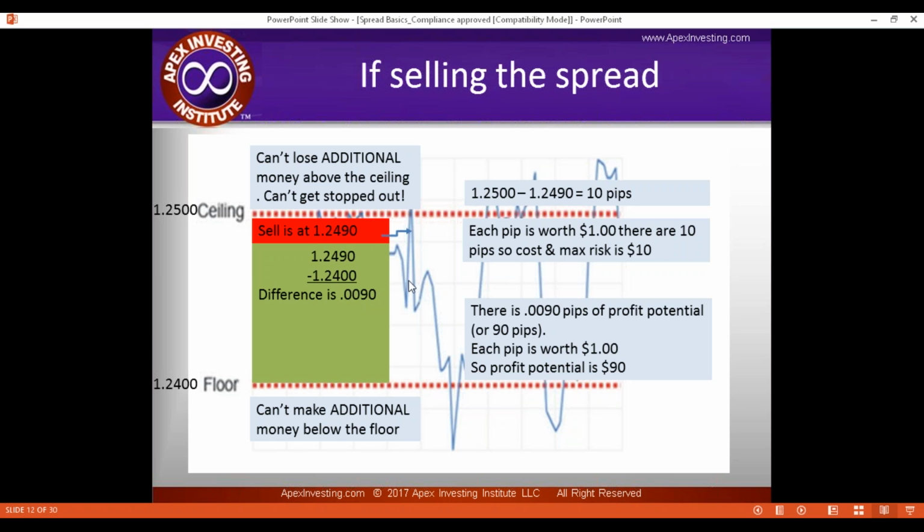Okay? What if I sell at 24.90, saying the market's going down, and let's say I'm right, the market goes down, and the market shoots down 200 pips. Each pip is worth $1. How much would I make on that spread?